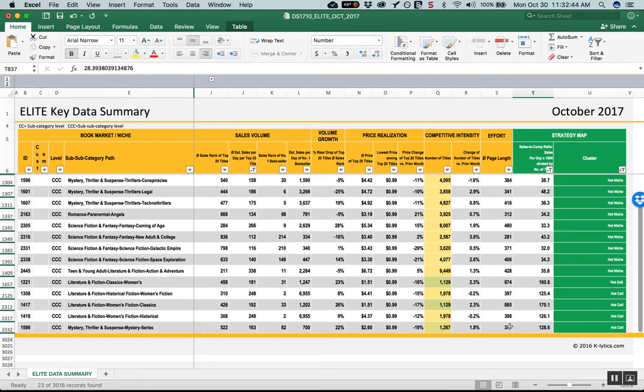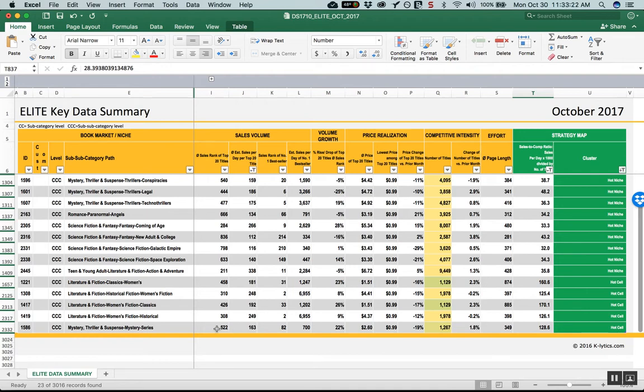There is another opportunity, which is also a hot sale, down here at the bottom, 23. Believe it or not, any and everything that we've pulled back, we can work with, because we've already qualified that this is the creme de la creme of what we want. This one pulled back mystery, thriller, and suspense, mystery, and in a series. What it's telling me is that on average, if you live in the top 20 of this sales rank, you sell on average 163 titles per day.